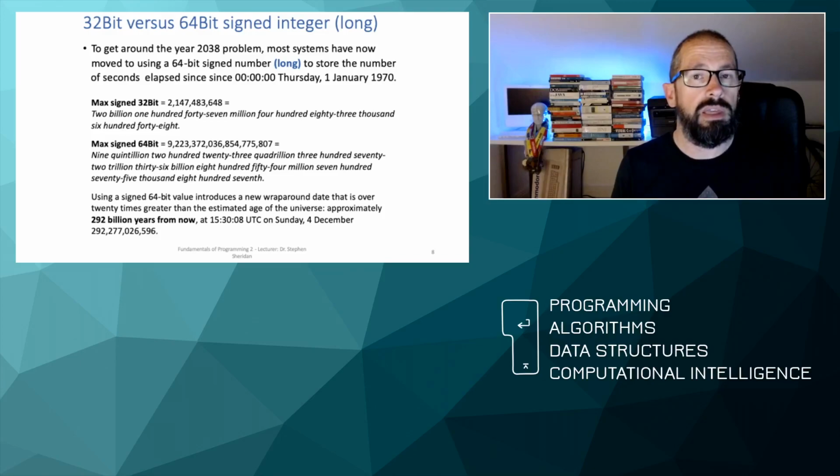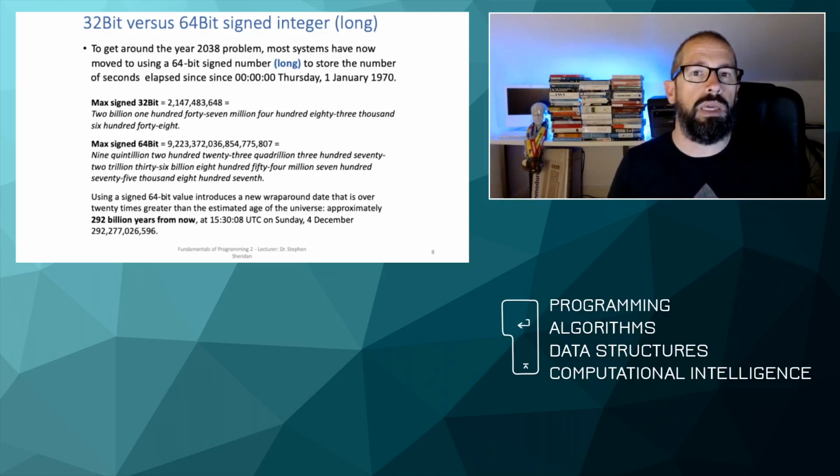64-bit signed integer value. Now, in programming languages, we have a special type called long that represents that 64-bit number. In Java and in C and other languages, it's called long. There may be other variations of it, but in most languages, the data type is represented as the keyword long.